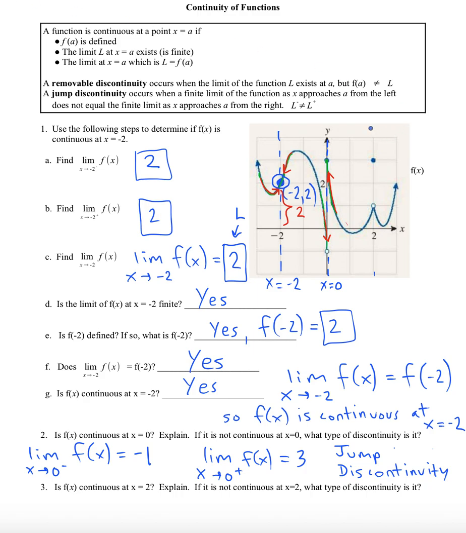Let's look at one more. At x equals 2. Here, the limit of the function actually does exist. As x approaches 2, on both the left and the right side, we're headed toward a value of 1.